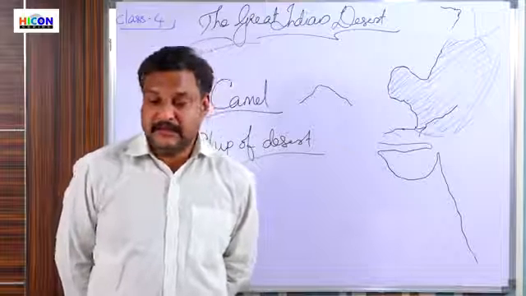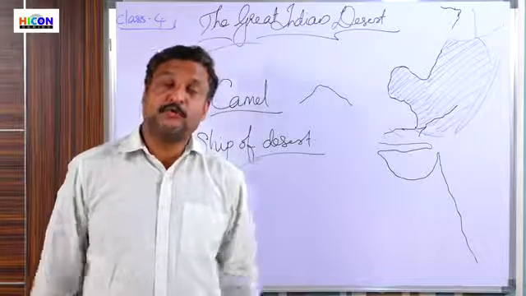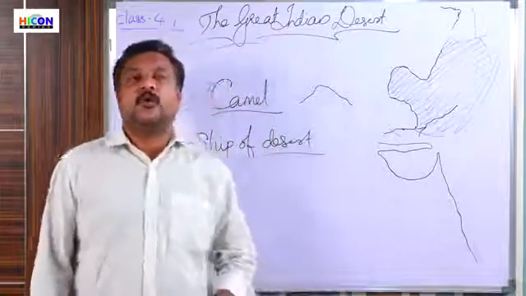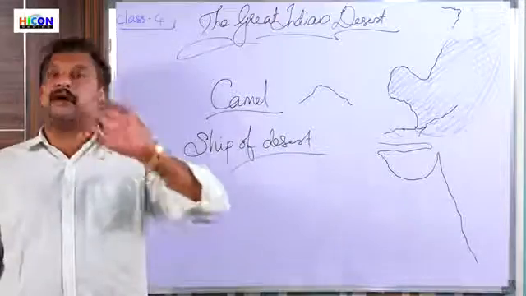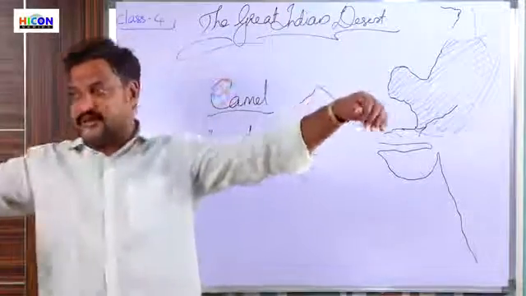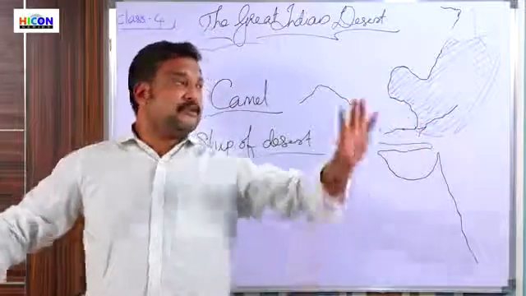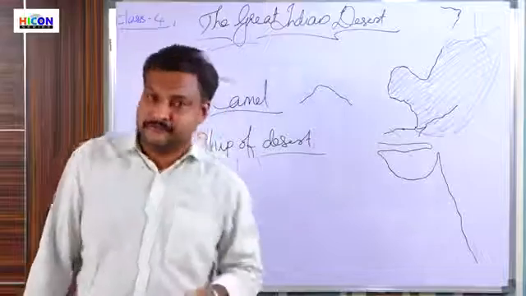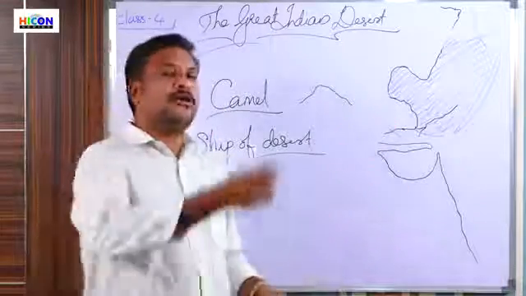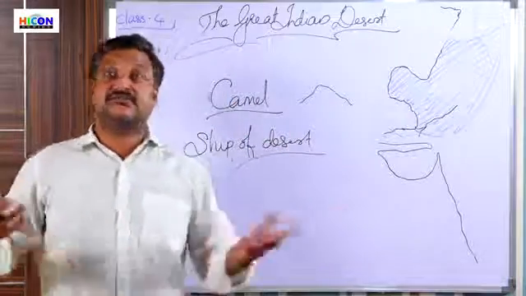Okay. Then sometimes we can see group of camels. Group of camels means only one camel that is in the front. They will be going in a line as if they are standing in a queue. Okay. So first one will have a man on top of it, either riding it or walking along with that. All the other camels will be connected one after another, just like the train we have.